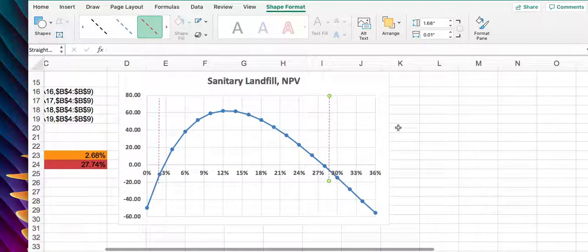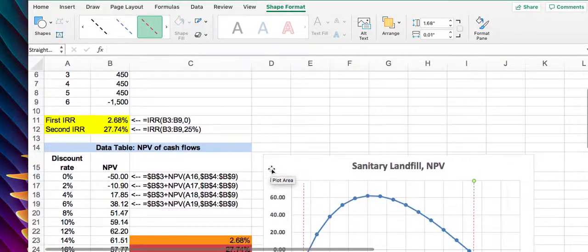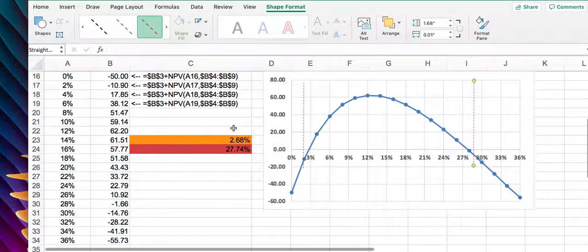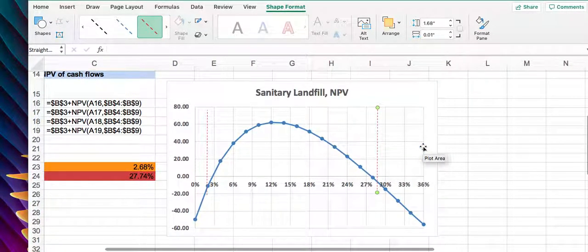But if we use the internal rate of return rule, the project is acceptable if the internal rate of return is greater than the appropriate discount rate, which in this case it does not say, but of course it has to range between 2.68 and 27.74%.